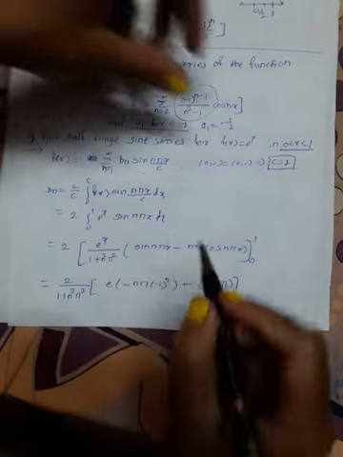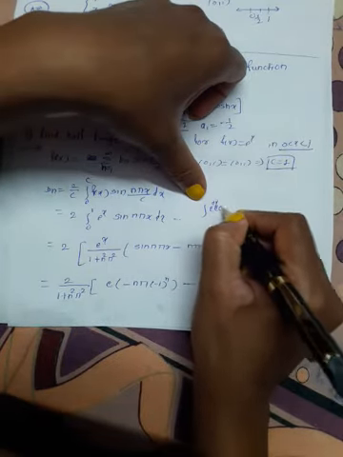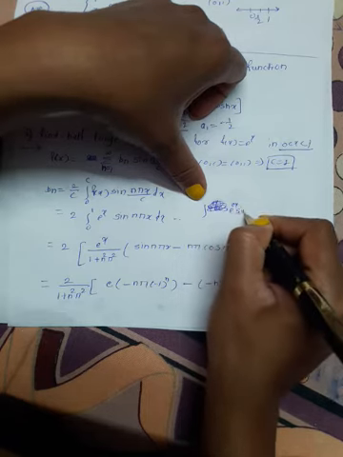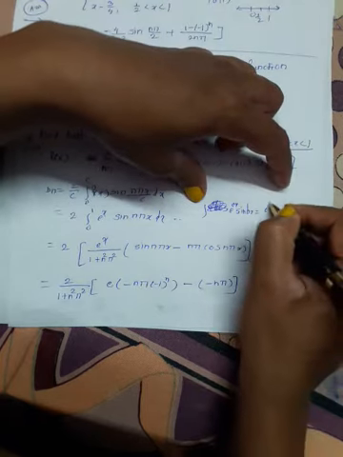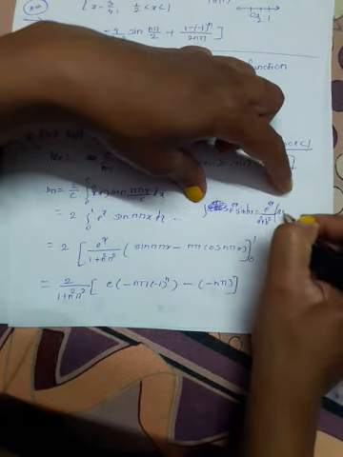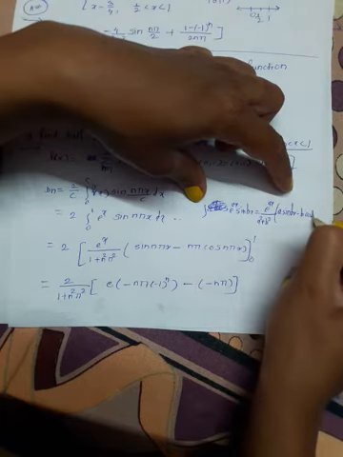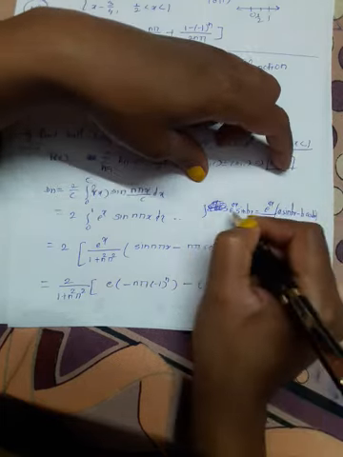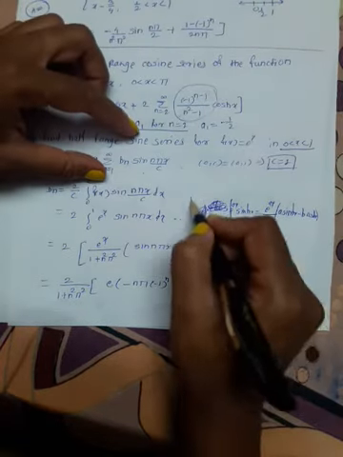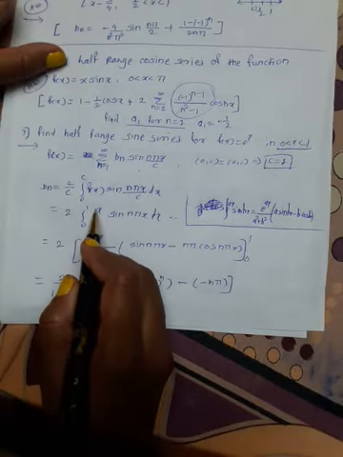Now we already know this integration: e raised to x sin bx, e raised to x upon a square plus b square, into a sin bx minus b cos bx. This is the integration we are using here. Already we know this example. Here a is 1 and b is n pi.